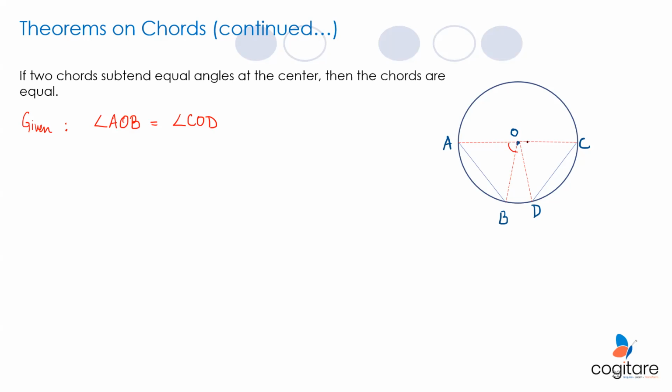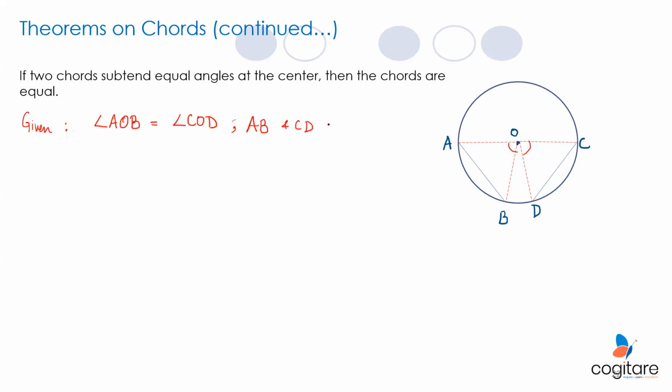We start with this. Whereas you need to prove, by the way, we have this, and we also have that AB and CD are chords. And we need to prove that AB is equal to CD.